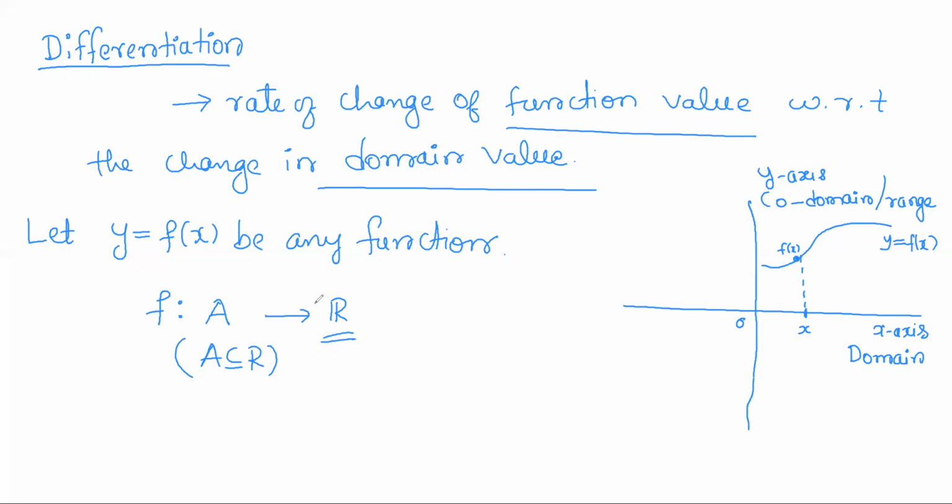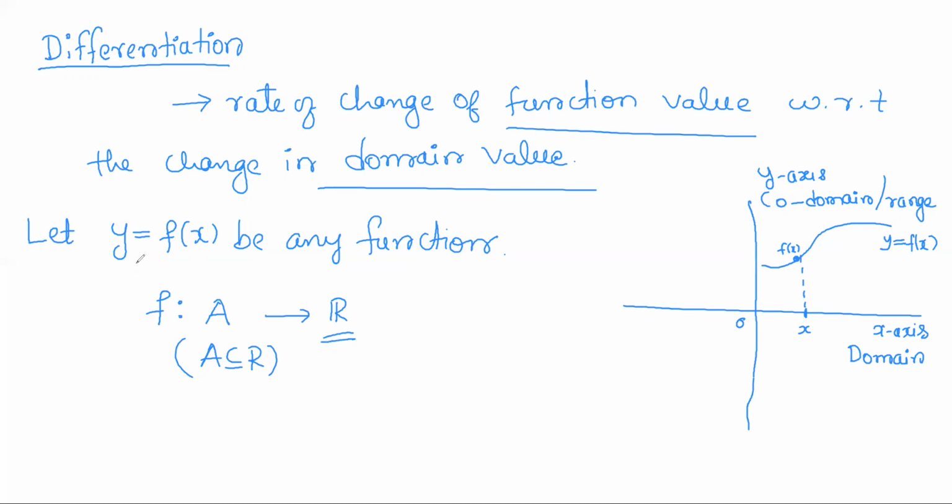So observing the change in function value with respect to the change which we give to the domain value is nothing but called the differentiation. So we shall illustrate with an example, with the graph.